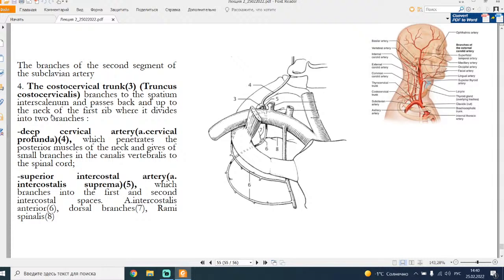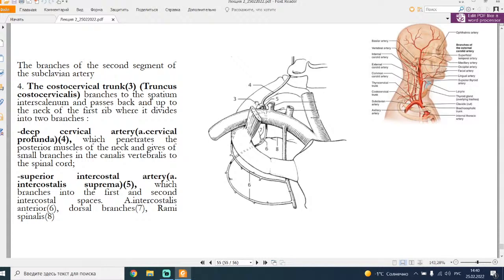And branches of the second segment of the subclavian artery. The costocervical trunk, what you see? Truncus costocervicalis branches in the spatium interscalenum and passes back and up to the neck of the first rib, where it is divided into two branches. 4.